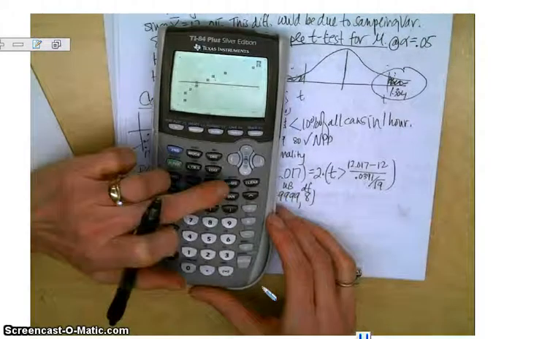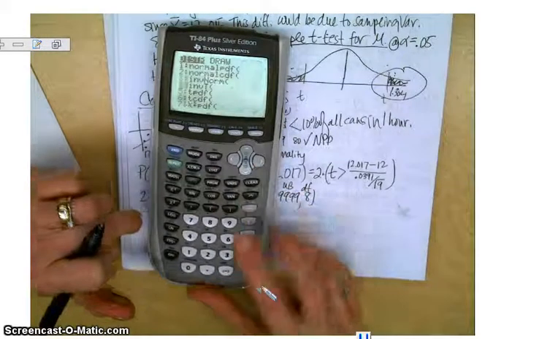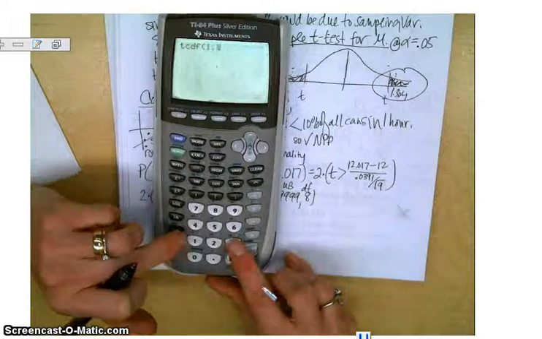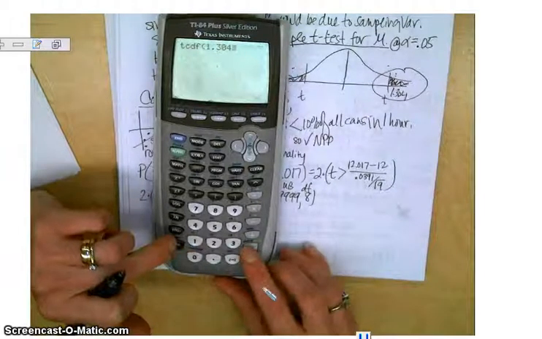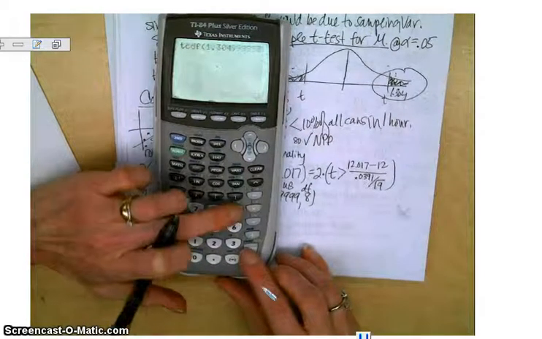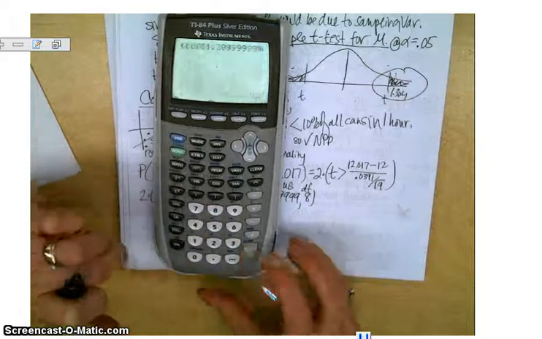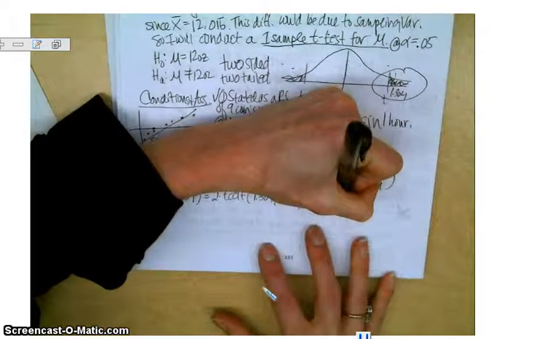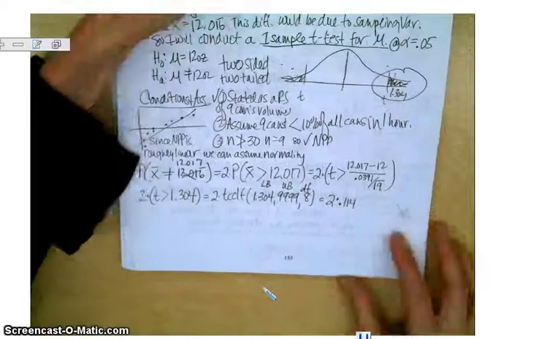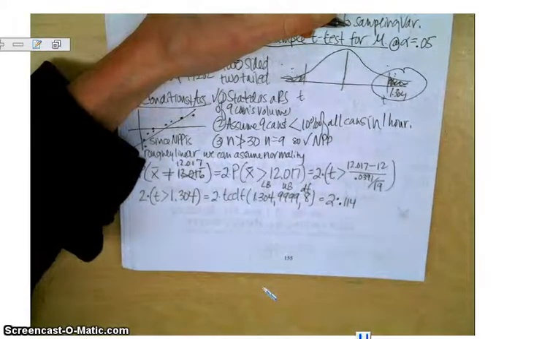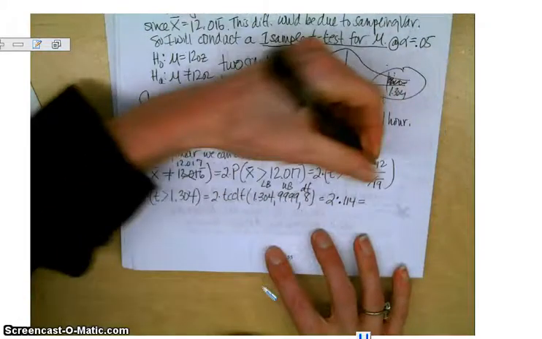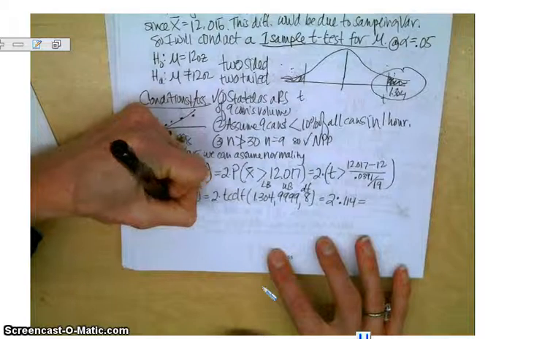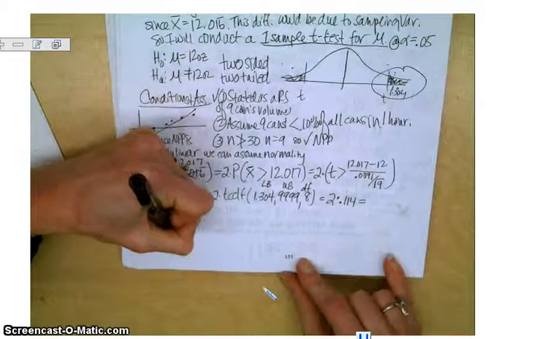Second distribution, TCDF, 1.304, then 99999, and then 8 degrees of freedom. And I get 0.114. Take that times 2, and I get my p-value. My p-value is 0.2285.